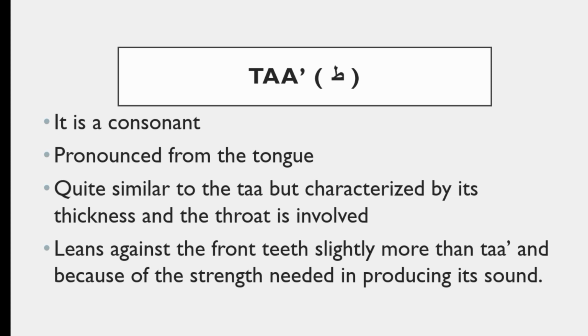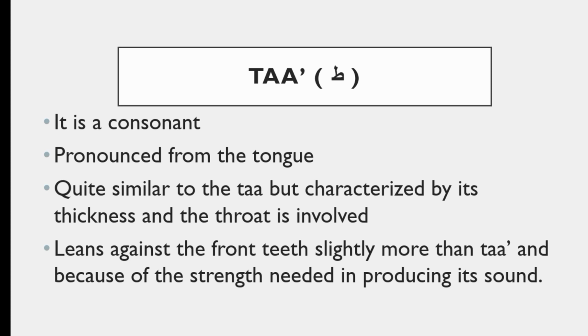When you're pronouncing letter po, the tip of your tongue would lean against the front teeth slightly more than when you're pronouncing letter ta, because of the strength needed in producing its sound, as in po, po, po.